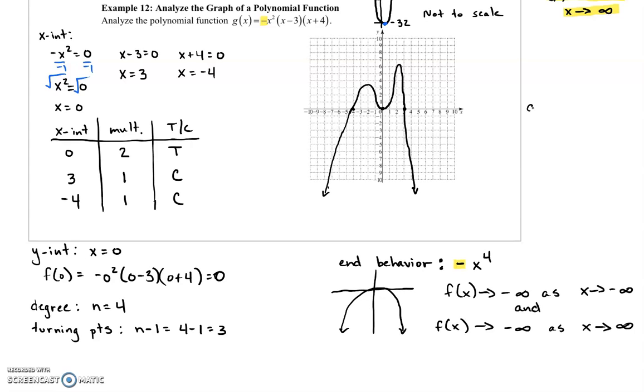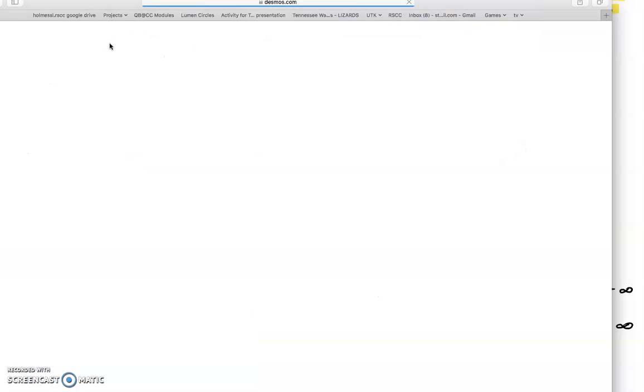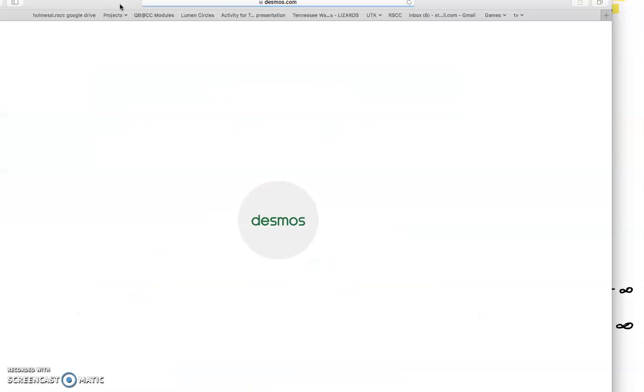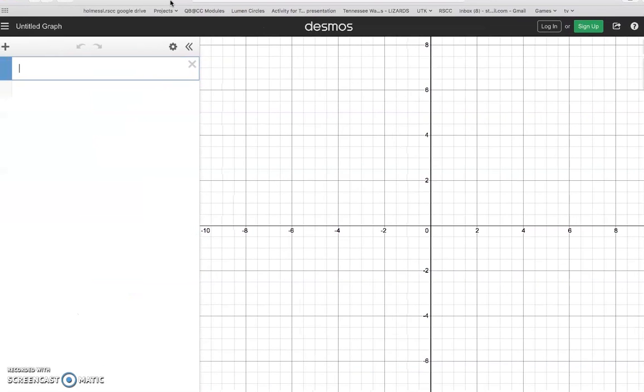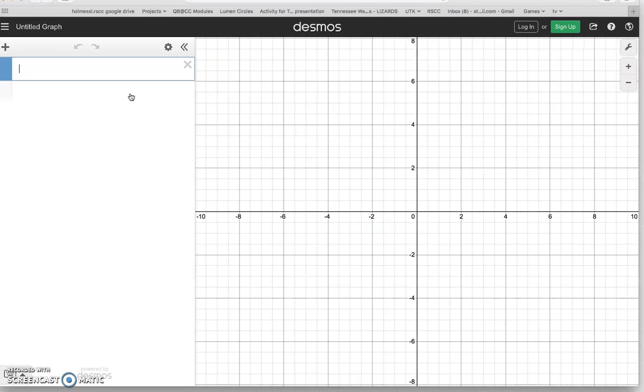Now remember, you can always use Desmos.com to check these. And I'm going to pull that up right now so we can look at it. So if I go to Desmos.com and I hit the graphing calculator right here. Sorry, let me get this in the screen better. There we go.